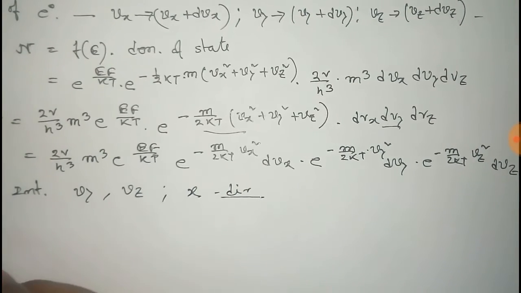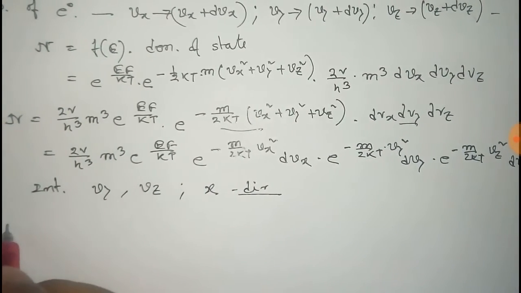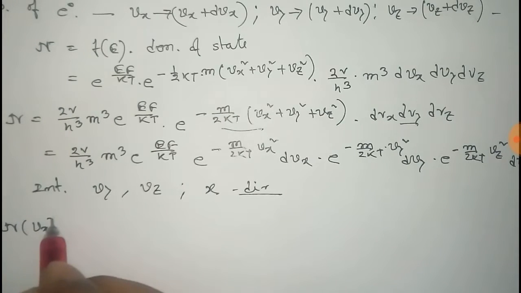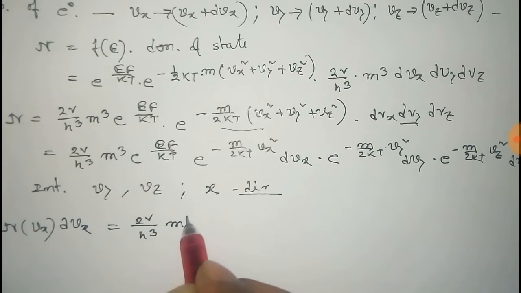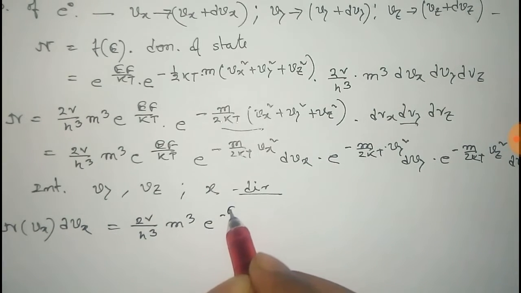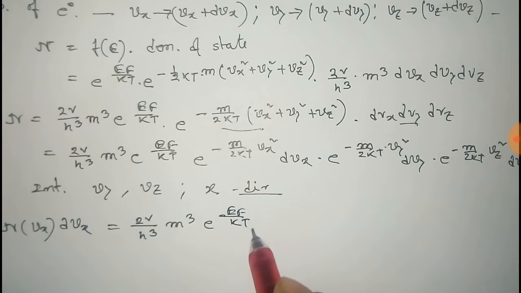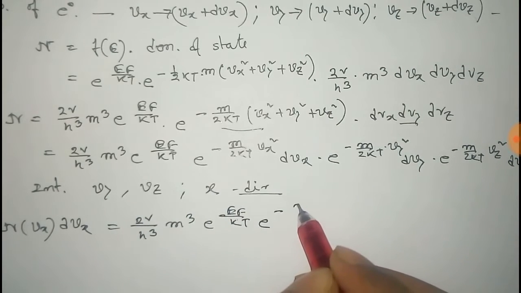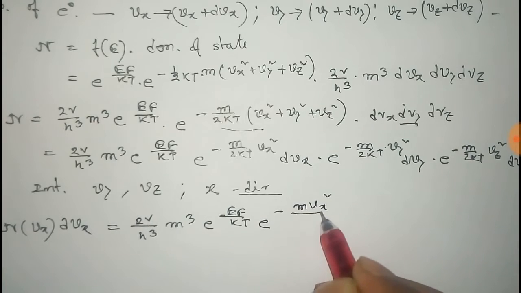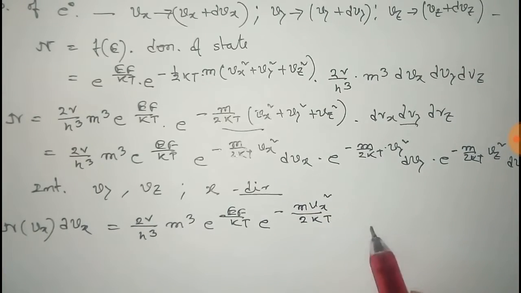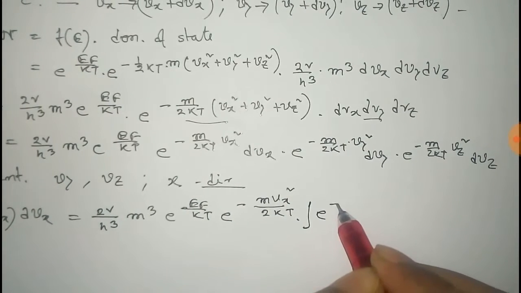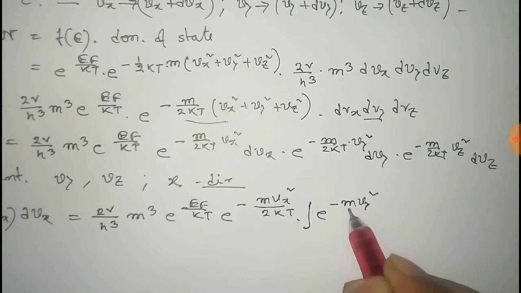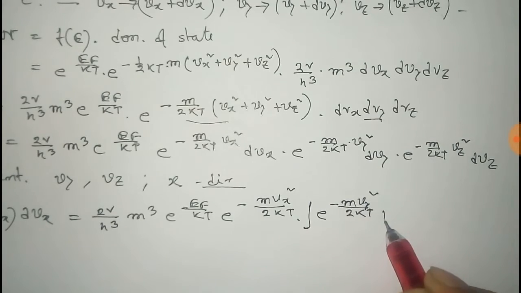So the number of electrons along the x-axis is given by 2V by h cube into m cube e to the power EF by kT into e to the power minus m by 2kT into, we have to integrate over this with the limit minus to plus infinity.